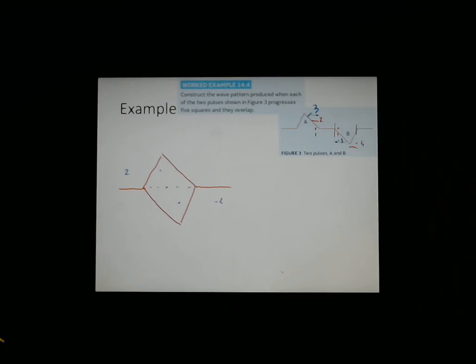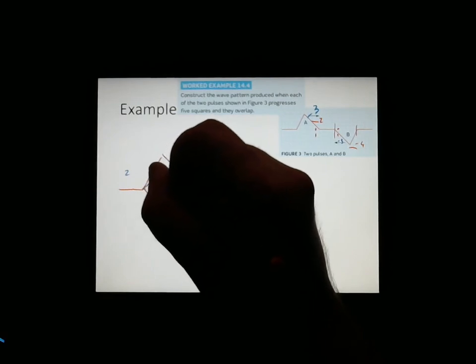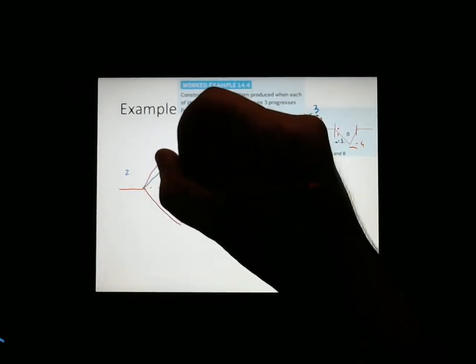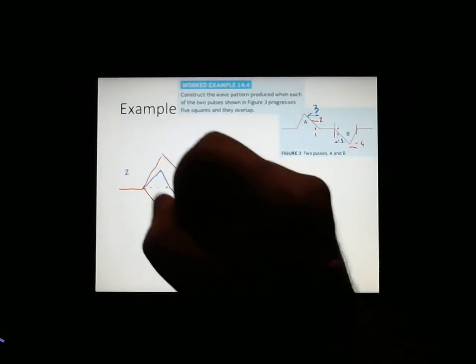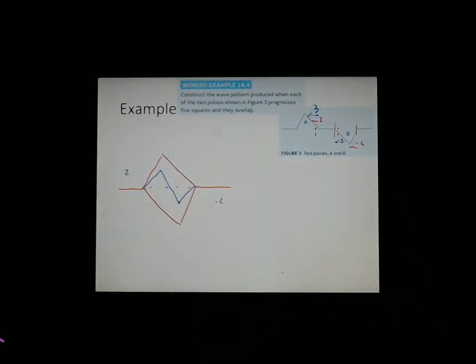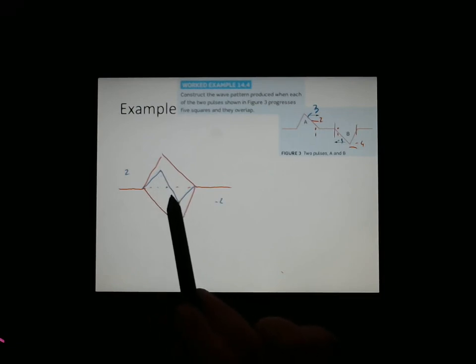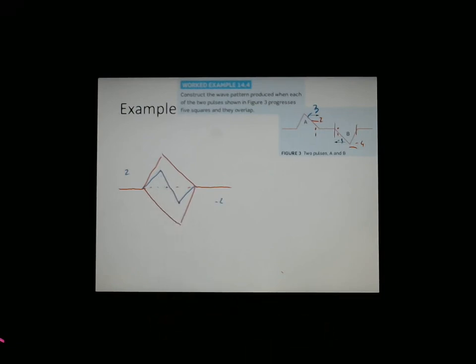So the resultant line, when I add them together, should also be straight. From here, it goes straight to there, it goes straight down to there, told you my drawing's not that great, and it goes straight up to there. And so our resultant wave gets a little bit smaller here, a little bit smaller here, and cancelled in the middle.